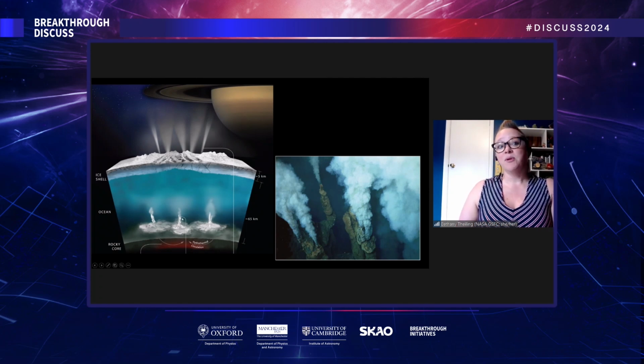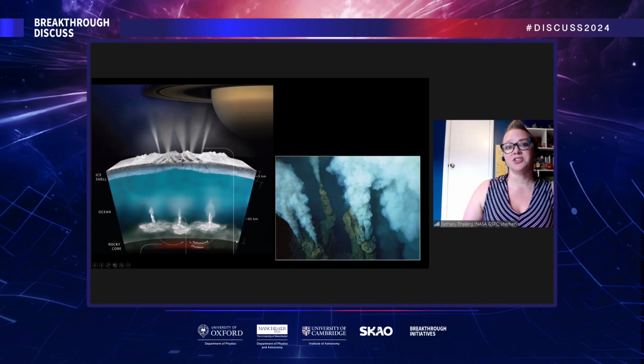There's also what we think, and I think Chris will probably talk a little bit more about this, we have evidence to support the idea that there are rock-water interactions at the seafloor, called white smokers, and that's based on the chemistry that we see in the plume. So this is just an example of white smokers that we have here on Earth. And you can see it's a very, very deep ocean.